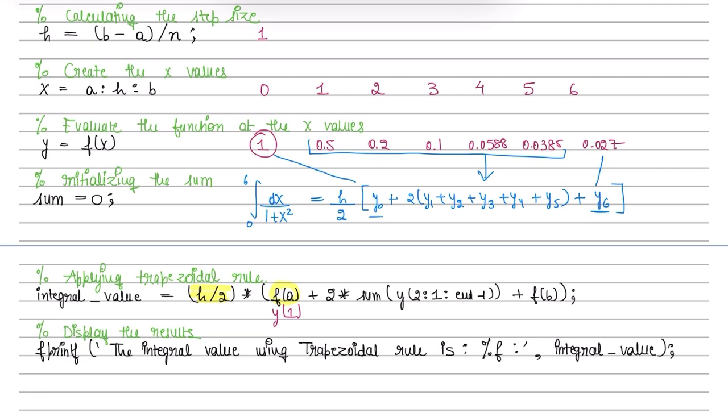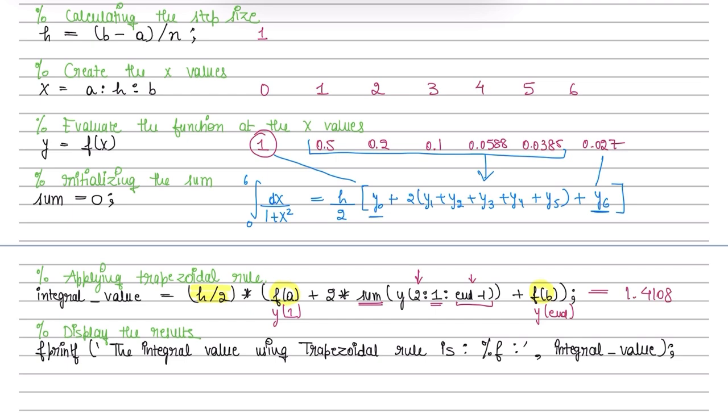For that, we will use the variable sum of y starting from point 2 with the increment 1 till end minus 1, which will be y5, and after that adding the last term, which is y6, and we can also use the term here as y end, which will give us the final result as 1.4108. I hope this MATLAB code is clear to you now.